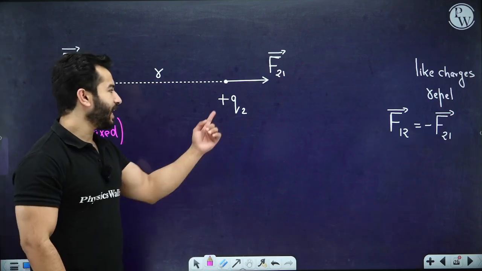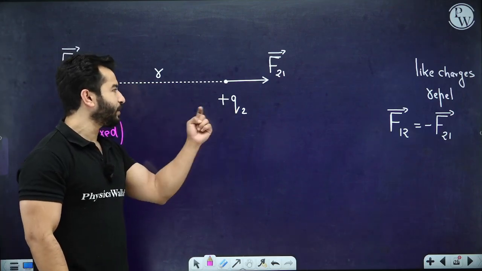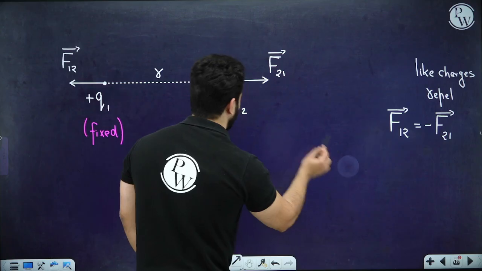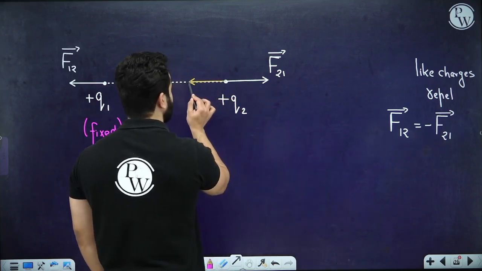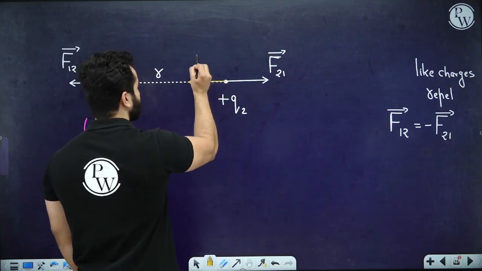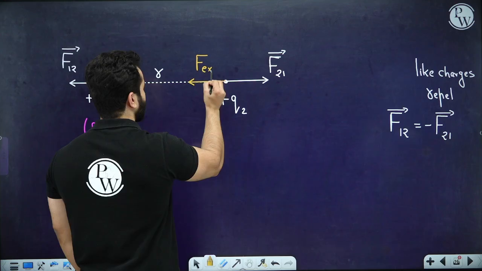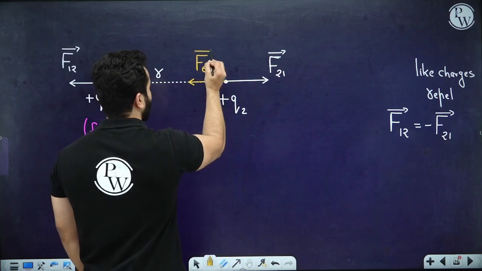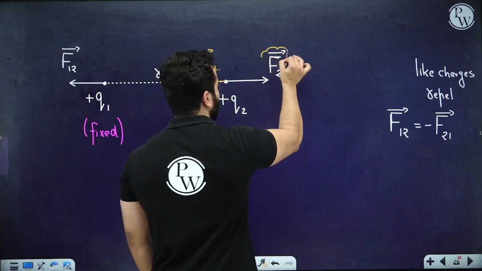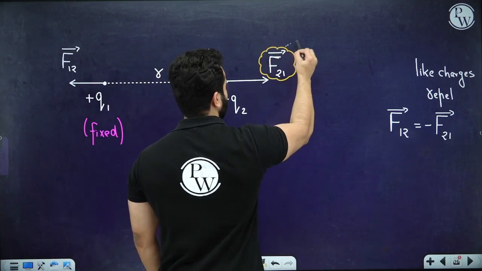And now I'm saying I want to actually decrease their separation. So you're going to say, okay, in that case, you will actually have to apply an external force in this direction. So to do this, and this is the electrostatic force, which is the conservative force.